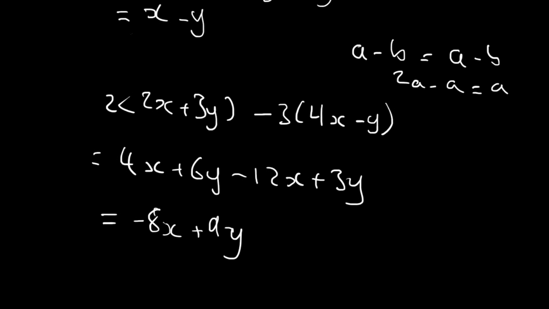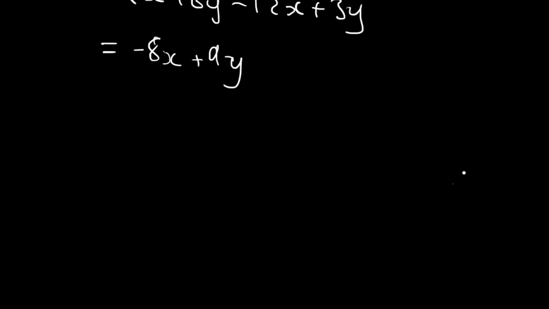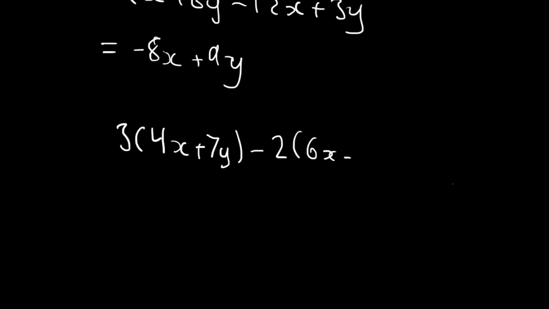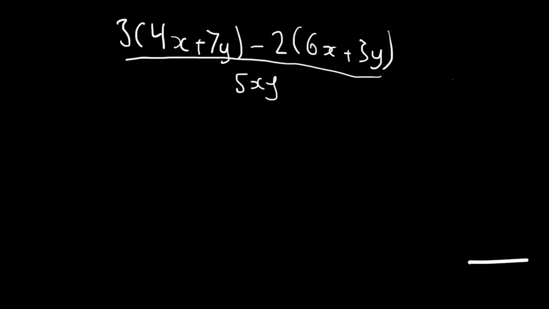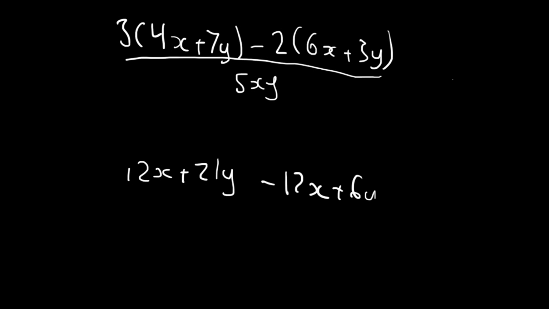And now let's put pretty much all of these different methods we have learned together to simplify this. 3 multiplied by 4x plus 7y, take away 2 multiplied by 6x plus 3y, all divided by 5xy. Well, first of all, the first thing we're going to want to do is to expand out the brackets, so we have 12x plus 21y, take away 12x plus 6y.